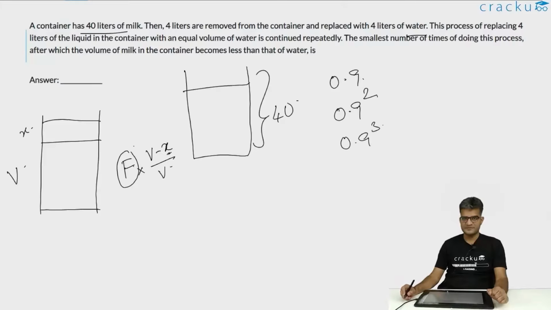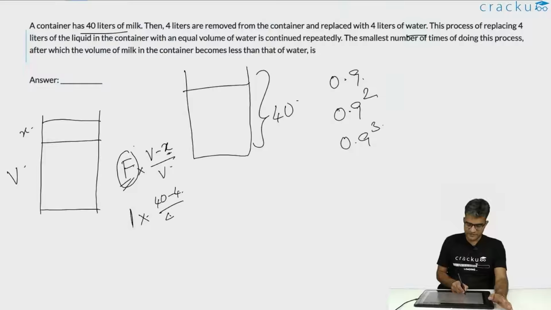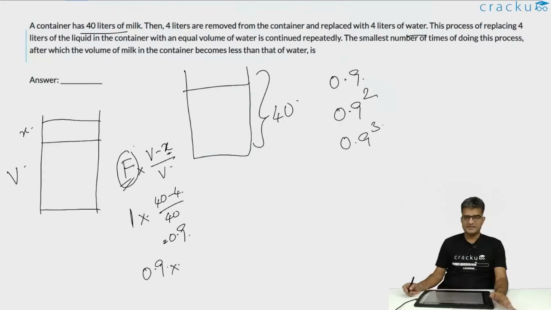It is fairly simple. So over here essentially what we are saying is initially it was 100%. So initially this is 1 into, out of 40 liters we have replaced 4. So this is (40 minus 4) divided by 40. So this becomes 0.9. After the first replacement we have the fraction as 0.9, and then again the same constant is used, (40 minus 4) divided by 40. So this becomes 0.9 whole square.